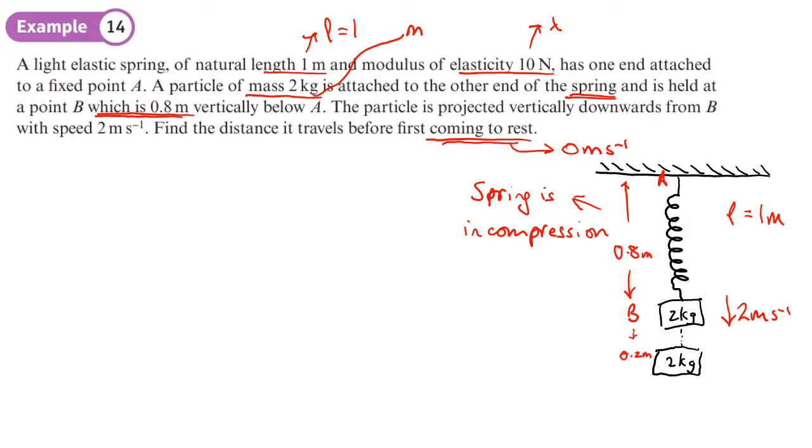Now when it's at this point, the spring will be at its natural length. Okay, so here we have its natural length, L, and then it's going to keep on going down once it's past its natural length, because it's still releasing its elastic potential energy, to a point where it stops moving.